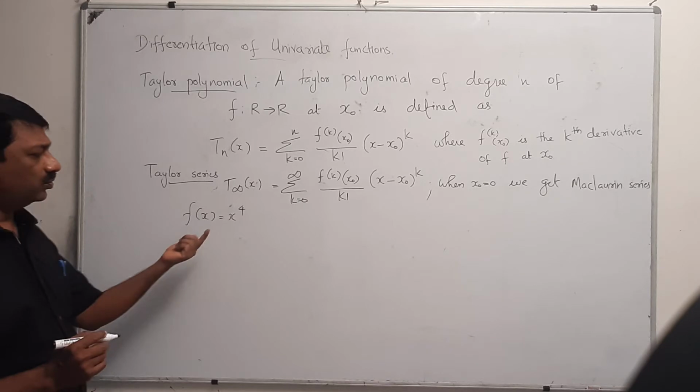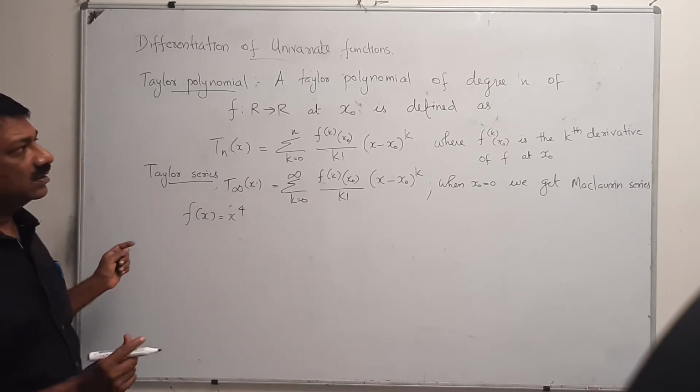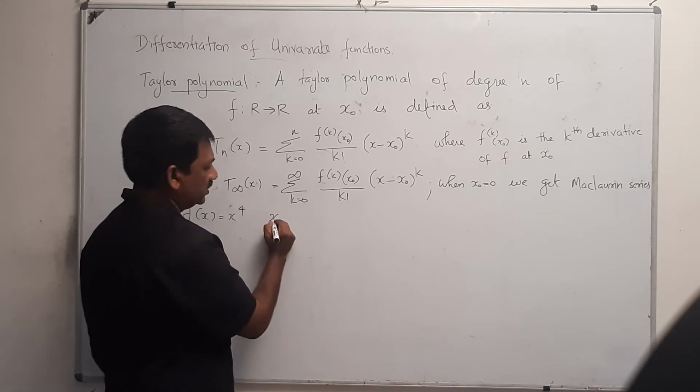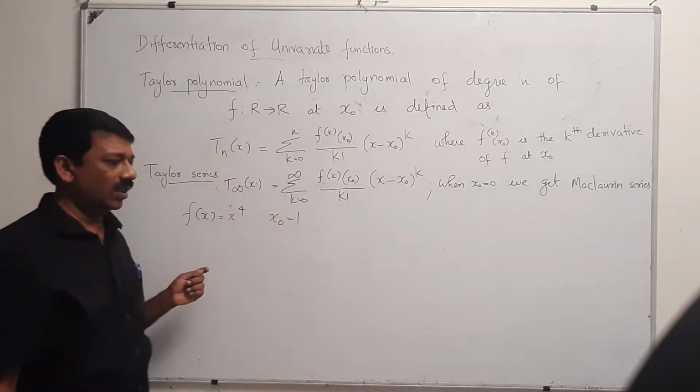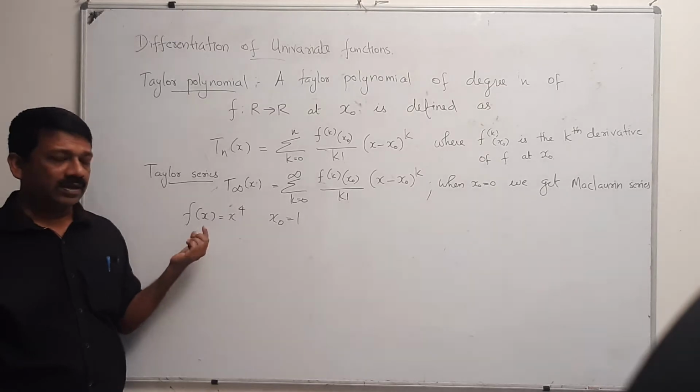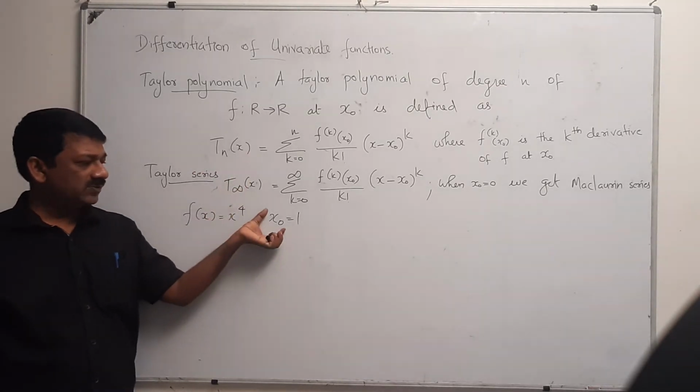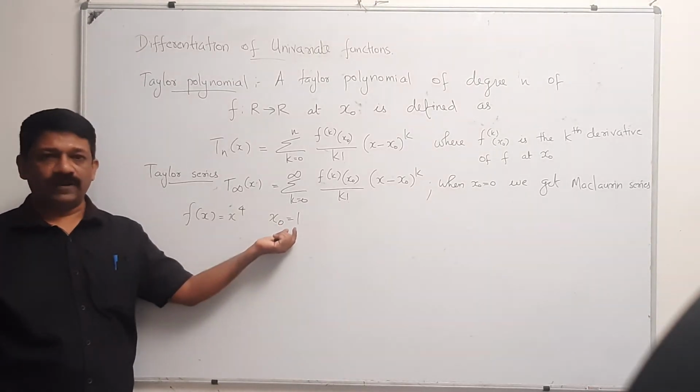Now I'm going to put x0 equal to 1, and generate a Taylor series with respect to the point x0 equal to 1.